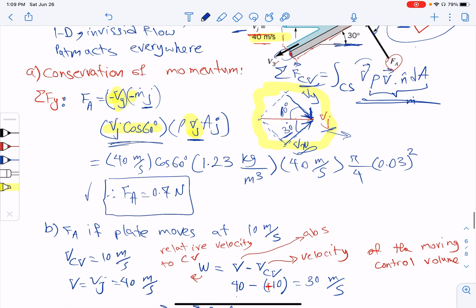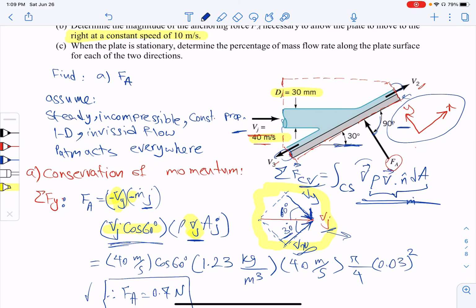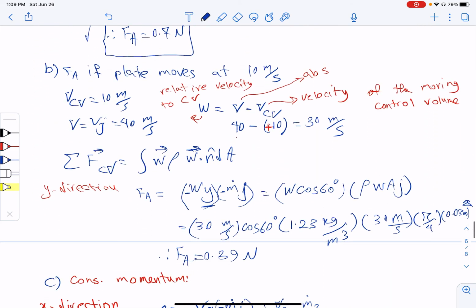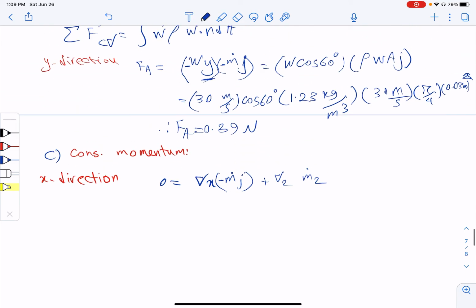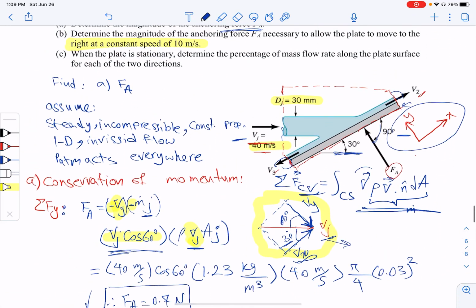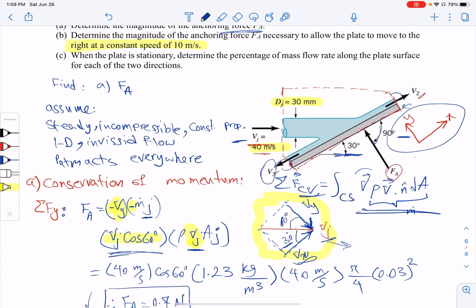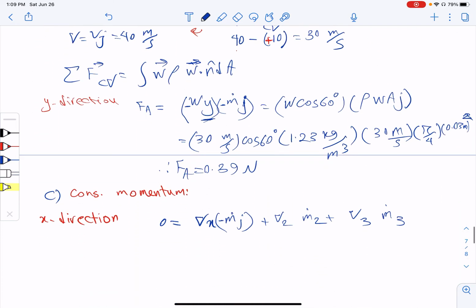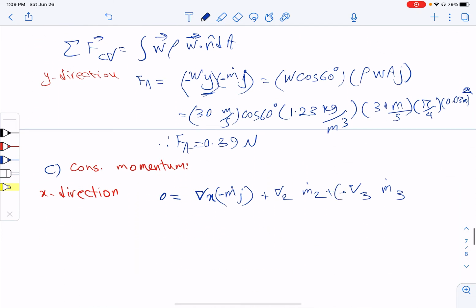M dot 2 is outflow, it's positive. V2 is in the positive direction of x, so it is positive. And then we have V3 m dot 3. Let's see the signs. M dot 3 is coming out here, so it is positive, and then V3 is in the negative direction of x. So this is how we have a minus sign here, right?